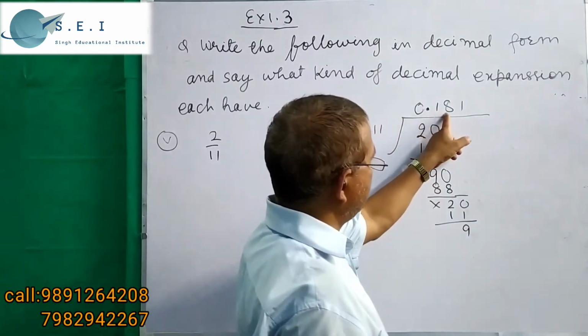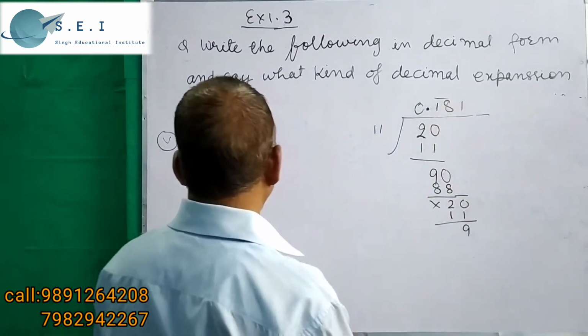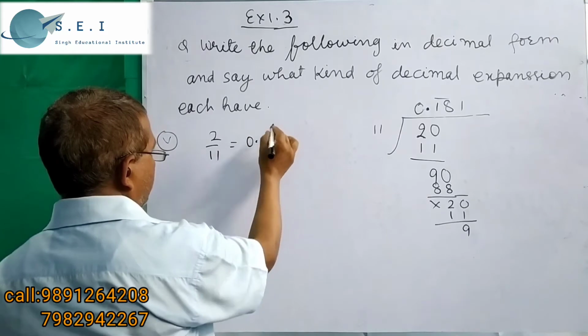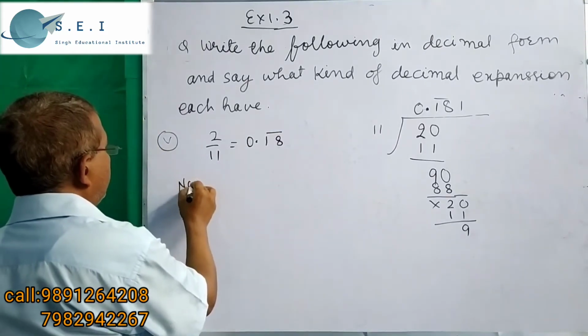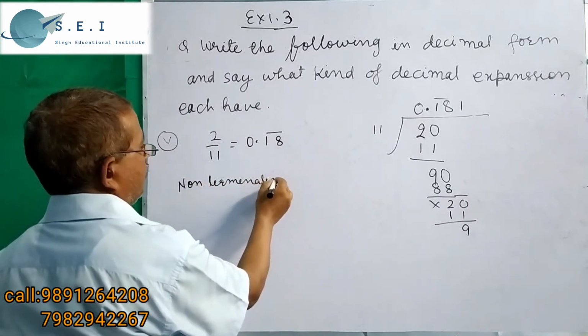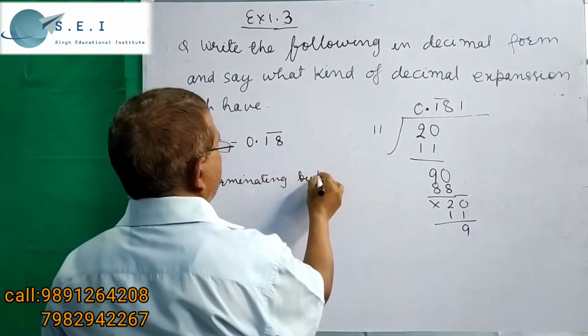So this 1 8 1 8 1 8 is a repeating number. So 2 by 11 can be written as 0.18 bar. This is a non-terminating but repeating decimal expansion.